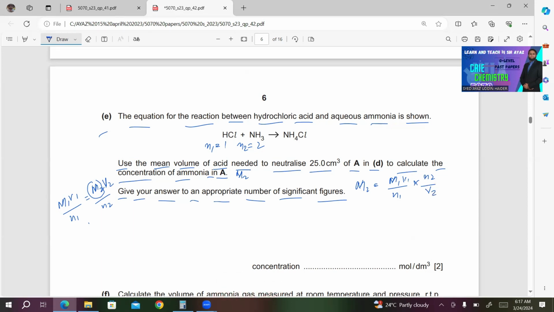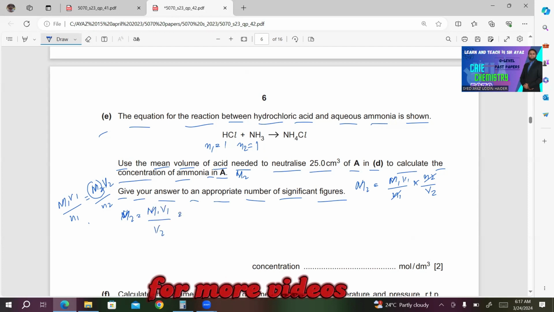Both N1 and N2 are equal to 1. Sorry, here we have 1 mole of ammonia, not 2 moles. So they will be cancelled out, and we are left with M2 equal to M1 V1 by V2.